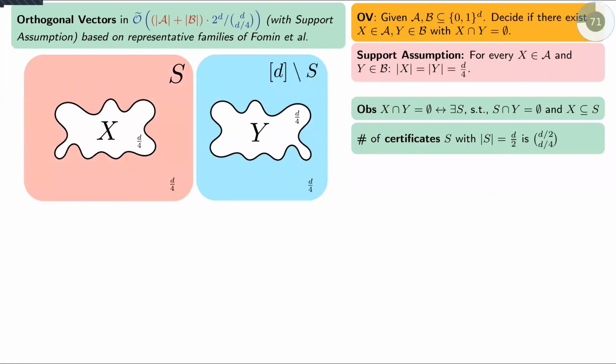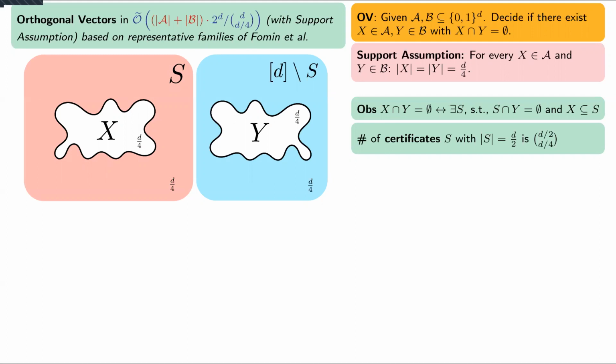So first thing, let me compute the number of certificates of disjointness for fixed X and Y. We are only considering the set S to be of size d-half, because this is the extreme option.